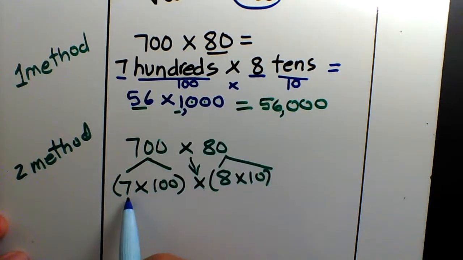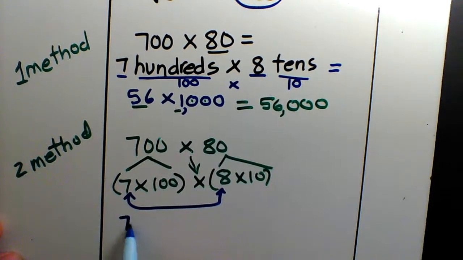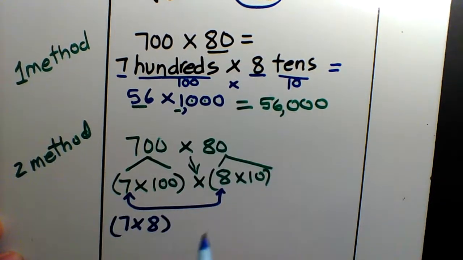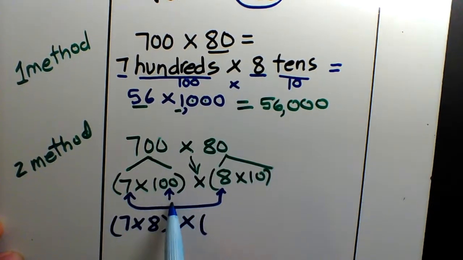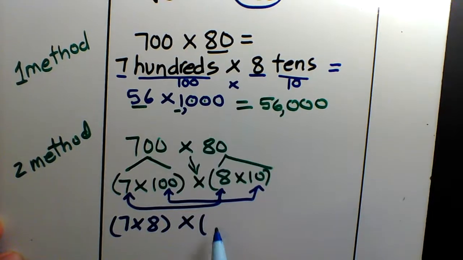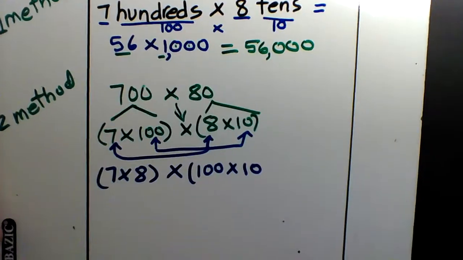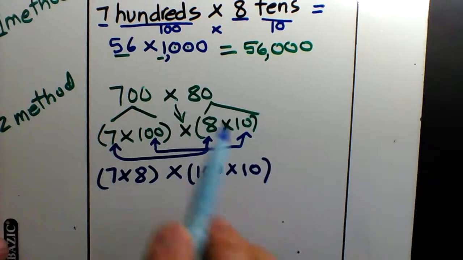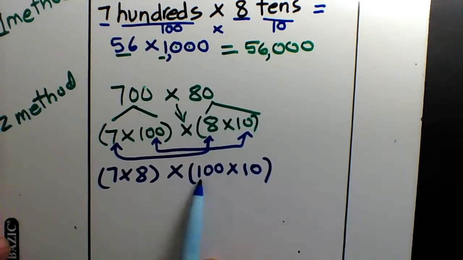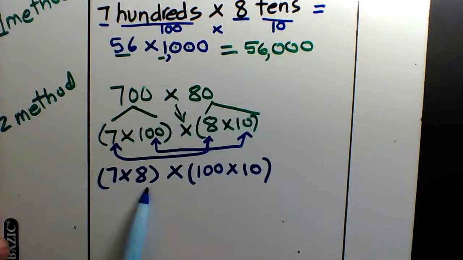So we are going to place together the 7 times 8. Now our next group that we're going to multiply together is going to be the 100 times 10. As you can see, this is very similar to the top, because right here we have 1000 and right here we have 56.